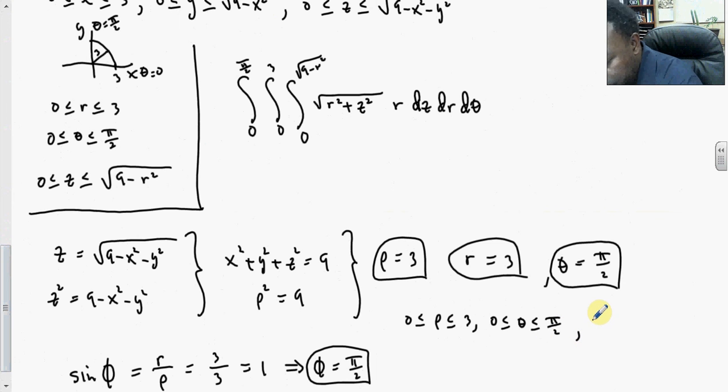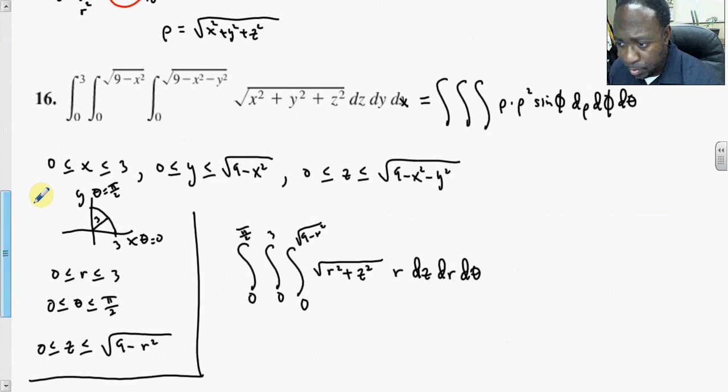And phi is bounded the same way, from 0 to pi over 2.